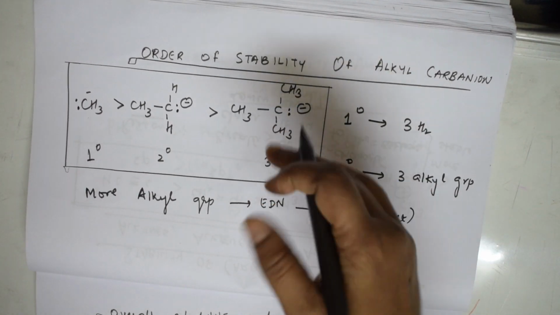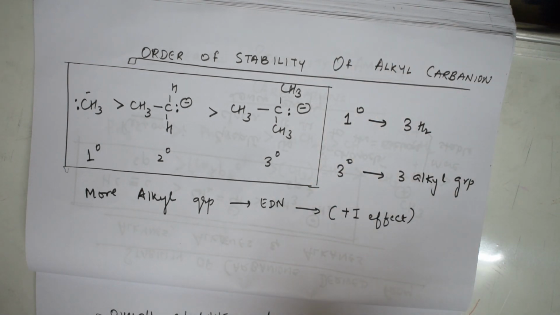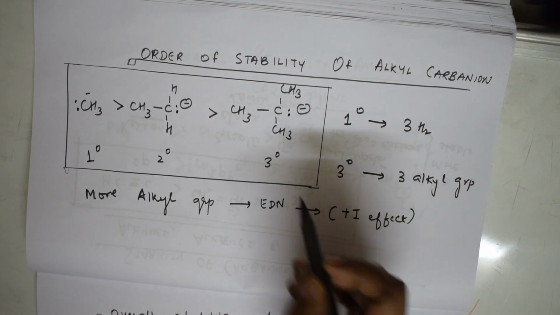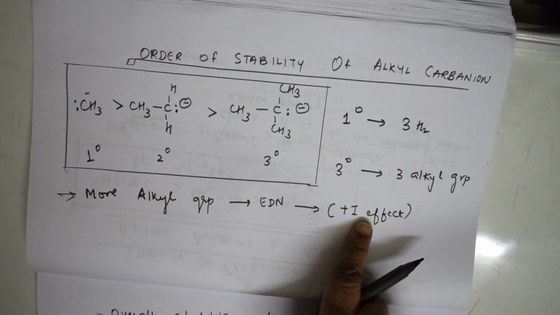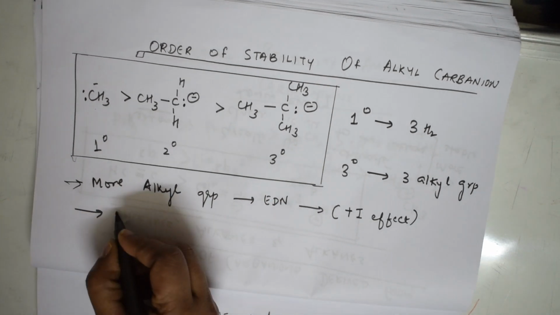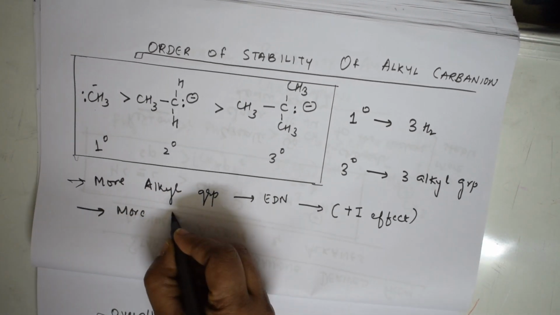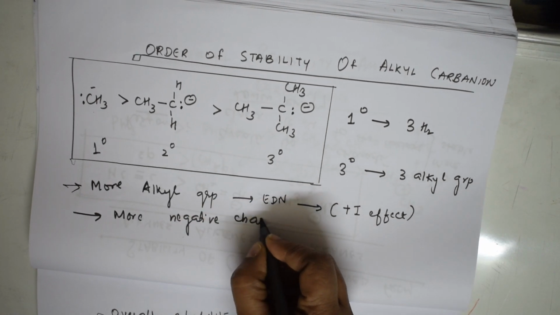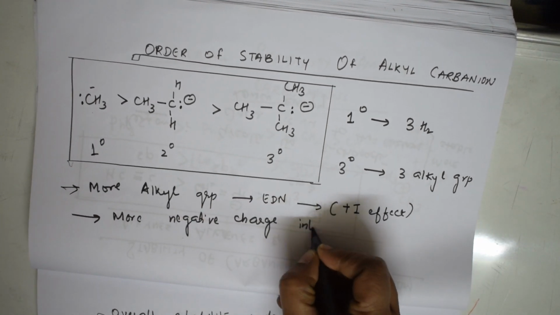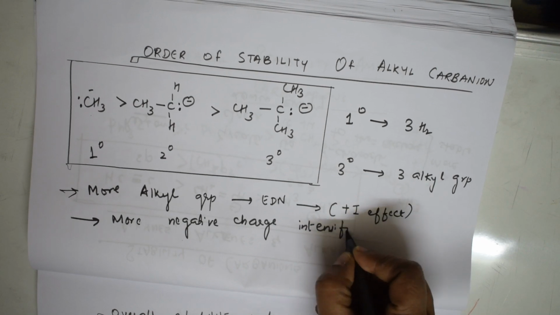The negative charge increases so much that it destabilizes the carbanion. So what should you remember here? When there are 3 alkyl groups, more alkyl groups, more plus I effect. More plus I effect means more negative charge, more negative charge intensifies on which one?